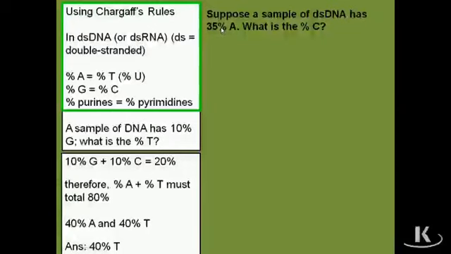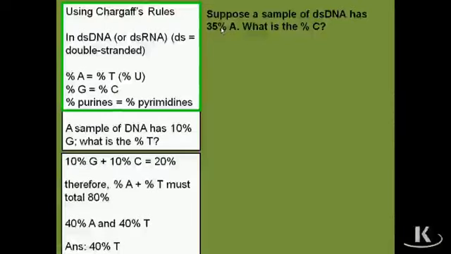If there's 35% A, then there must be 35% T. 35% plus 35% gives you what? 70%. What's left over? Well, 100 minus 70 is 30%. So 30% of the DNA bases are G's and C's. So how do you figure out the C's? You just divide it in half. So 30 divided by 2 would be 15%. And that's your answer, 15%.